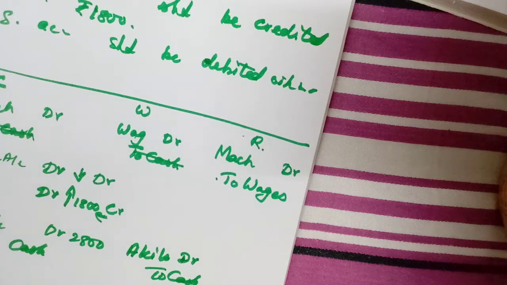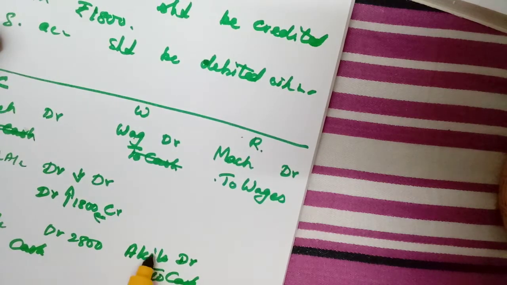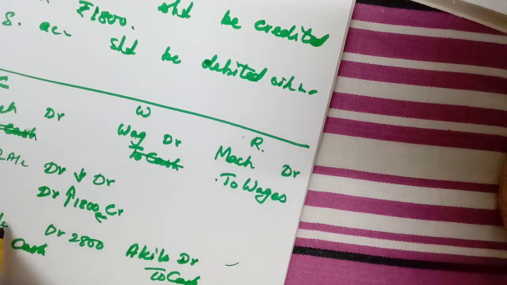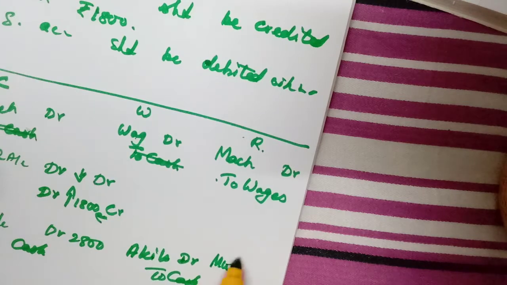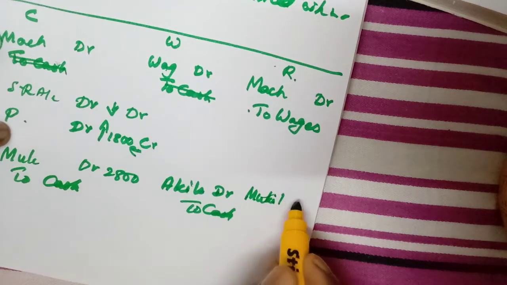Okay, so what do we need to do here? Akhil's account, what do we have to do? Credit, isn't it? In the rectifying entry, Mukil's we have to debit, isn't it? So Mukil debit, we have to debit, isn't it?